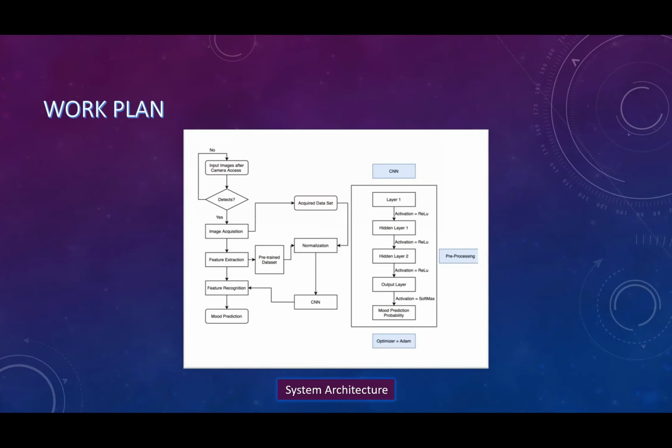Thank you, Sanchit. In our work plan, firstly, faces are detected using a Haar feature-based classifier. If the face is undetected, the system camera again tries to detect the face of the person. The detected faces are stored as an array of feature columns. The extracted image is then passed to the deep neural network, in this case a convolutional neural network, that is CNN. The CNN model, with the help of its hidden layers, normalizes the image acquired and reduces the image dimensionality using ReLU as the activation function and accuracy as the metric.